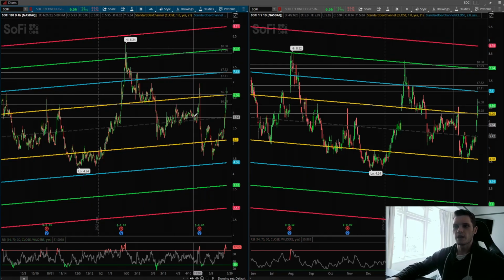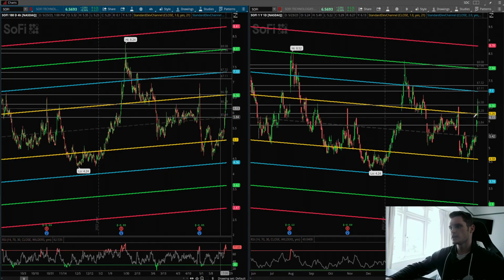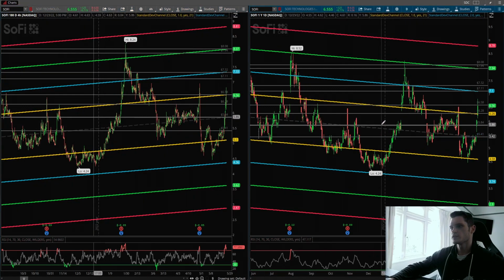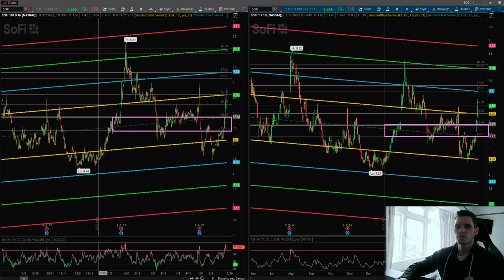Now, if we start pulling back from this current level, what are key levels to be paying attention to on the support side? Obviously we noted today the 6.28. Be watching for that if we fail that VWAP and start to pull back. But if we come lower, we have 5.85 to 5.40. This is key. This is our statistical mean between the 6-month and the 1-year. Statistical mean is essentially fair value. When we're within this range, it's not an area you usually want to be trading, because if we're trading, we're waiting for some sort of move, and from here it's kind of a gamble.